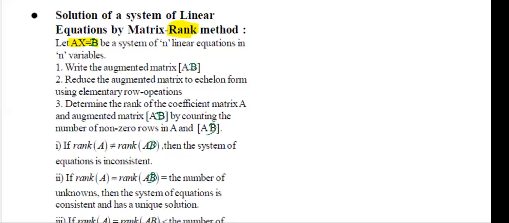Now, AX = D. Write the augmented matrix. Augmented matrix means the coefficient matrix and the constant matrix, both written together. The coefficient matrix means a1, b1, c1; a2, b2, c2; a3, b3, c3.